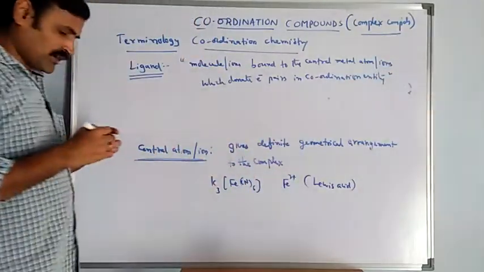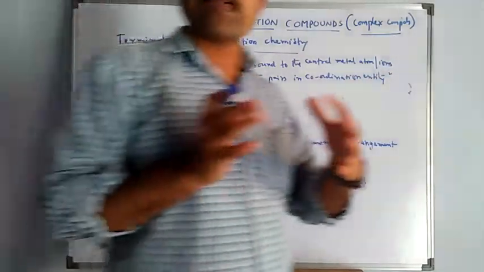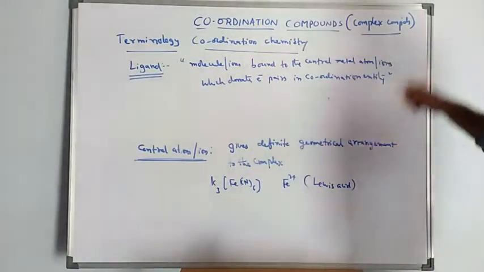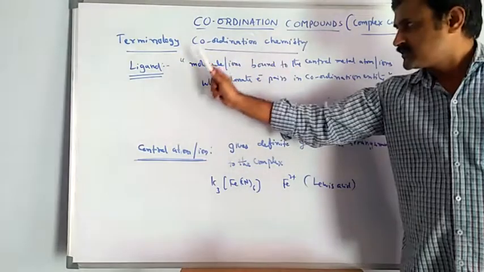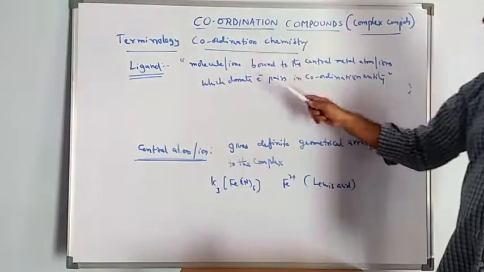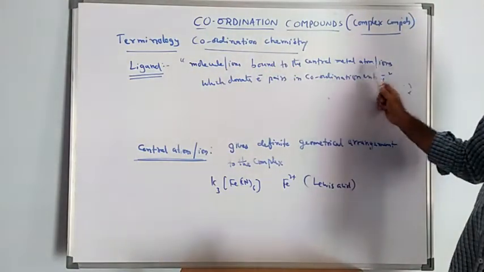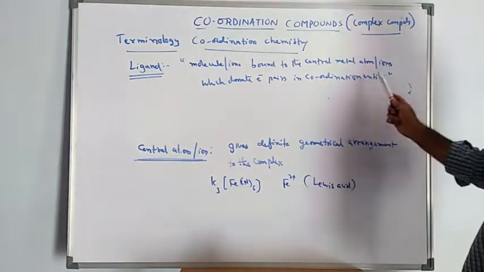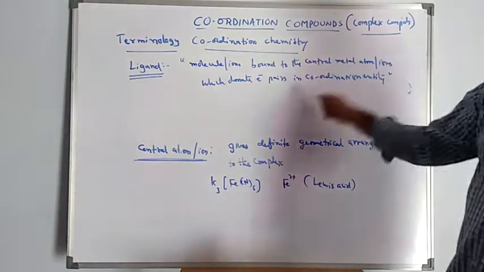So the important terminology in the coordination chemistry of ligands is, these are the molecules or ions bound to the central metal atom or ion which donate electron pairs to the coordination entity.